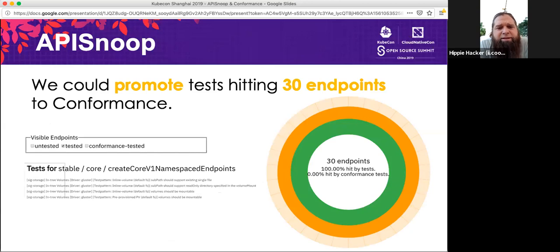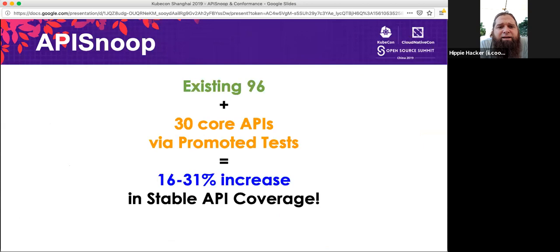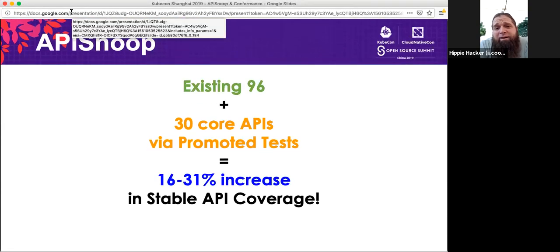That's 30 endpoints there. If we take that list, we can see on the next slide that with those 96 tests and 36 core APIs that we could promote, if they're promotion worthy, we would get a 16 if we got half of them, and up to a 31% increase in stable API coverage. I think that's a nice start.